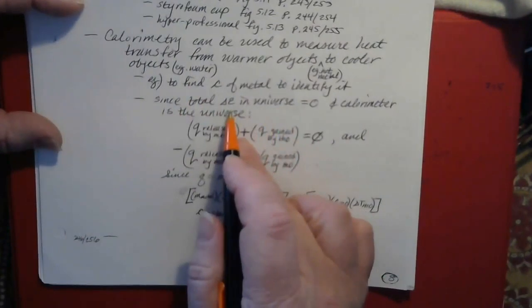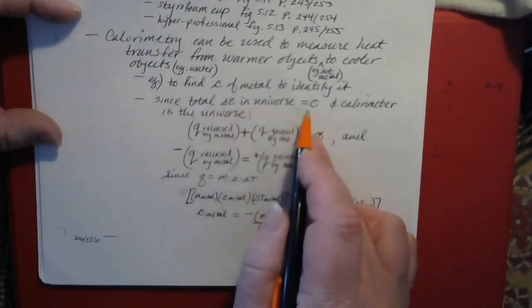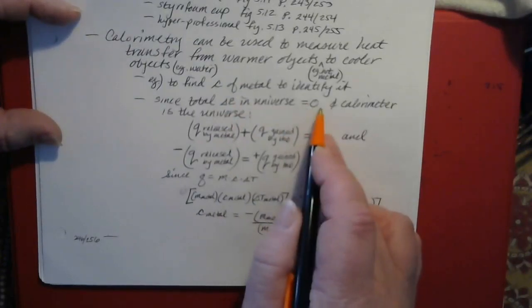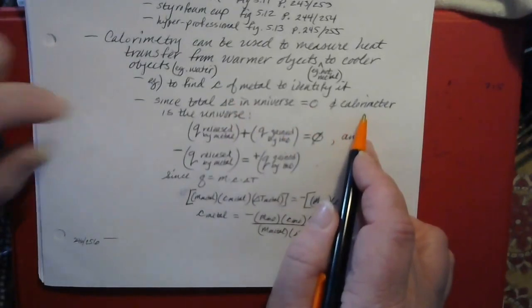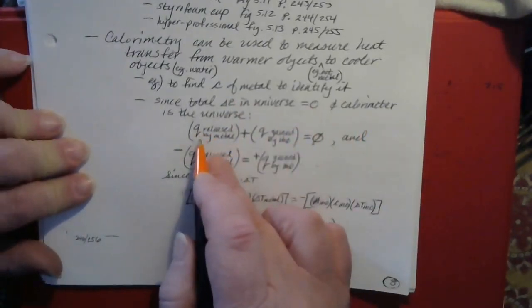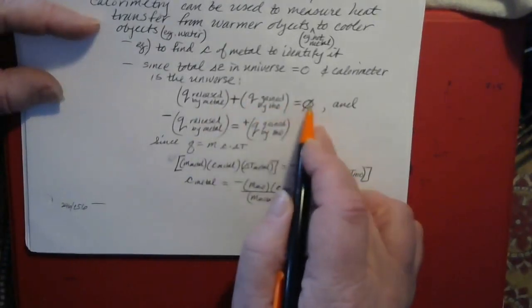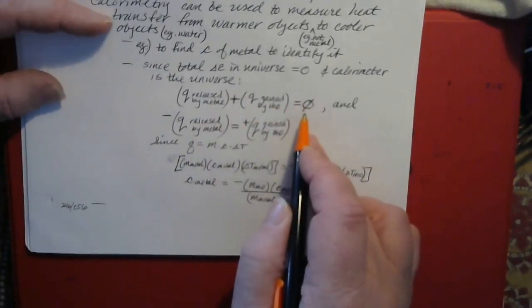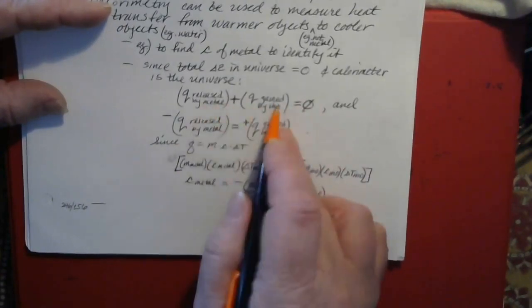Since the total change in energy, that's delta E, the change in energy in the universe, has to be 0, and in this case, the calorimeter is the universe, then what that means is that the amount of heat released by the metal plus the amount of heat gained by the water must be 0. Or in other words, those two quantities must be the same in magnitude, although opposite in sign.